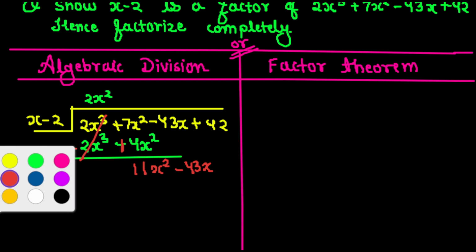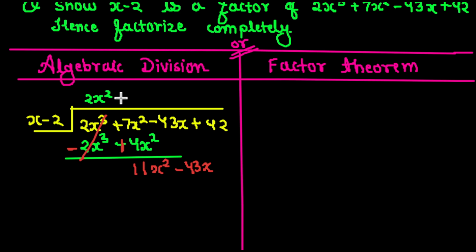Now, the next term is going to be, I'll use another color so it's easier to look at. I need 11x, right? So for 11x, we take the quotient to be 11x. Times it with x, you will get 11x squared. Now, next one is minus 2, so minus 2 times 11 is 22x. Clear?